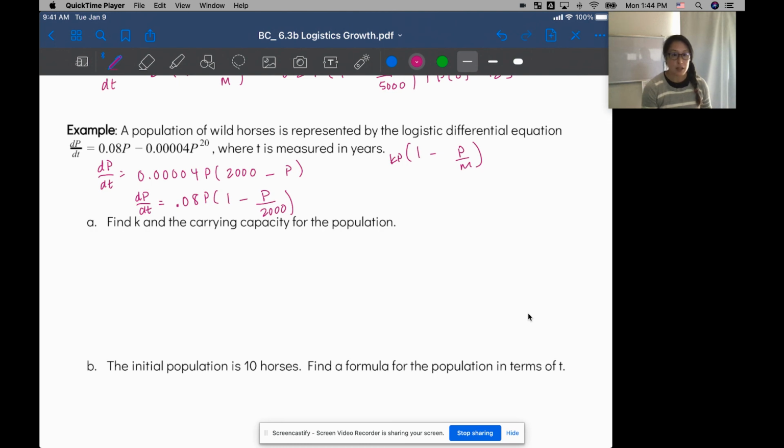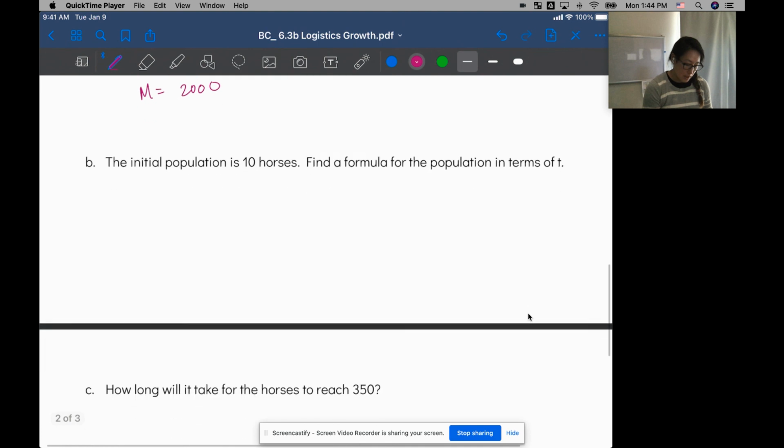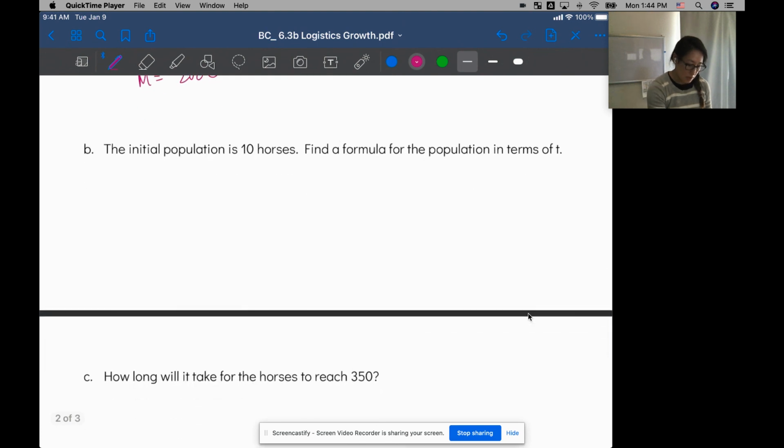Now we look like a logistics function. So the k value is equal to 0.08, and the carrying capacity is equal to 2,000, because we're matching our form now.